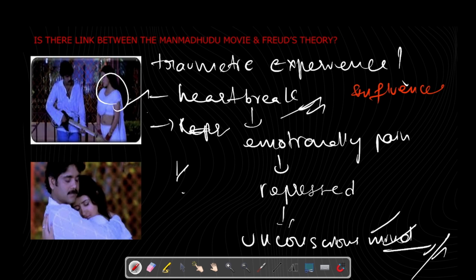It influences our thoughts and behavior, which we are not fully aware of.